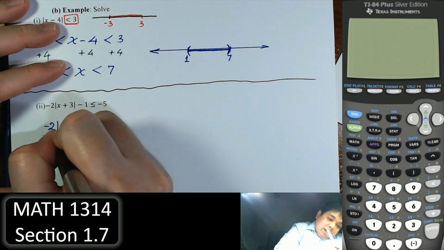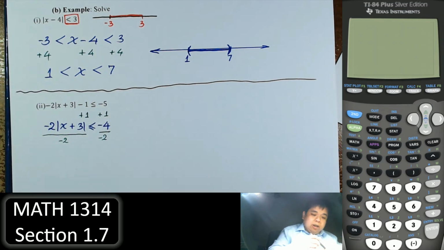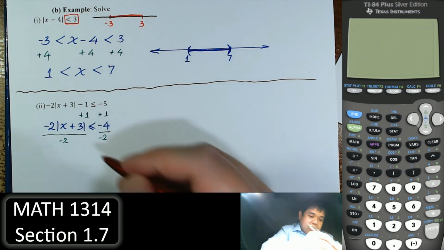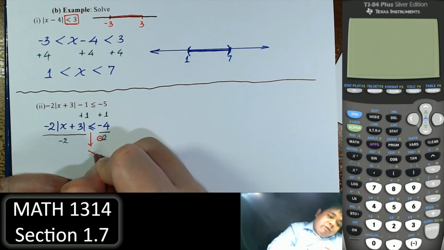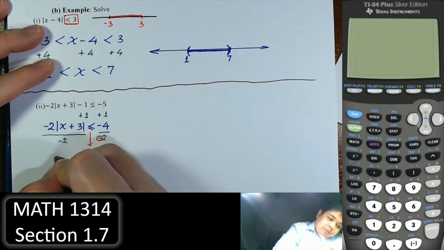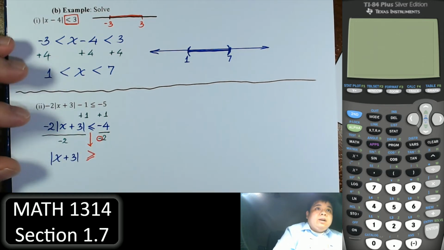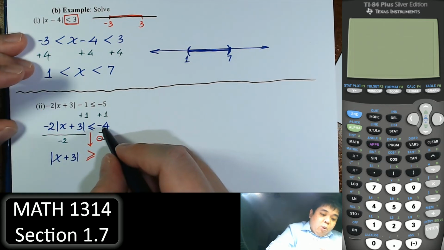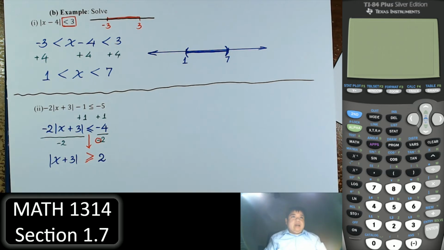Now divide by -2 on both sides. When we divide by a negative number, keep in mind that this inequality must be reversed. And -4 divided by -2 is going to be positive 2.